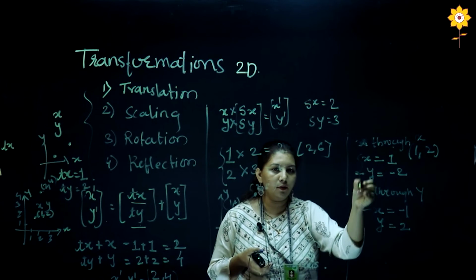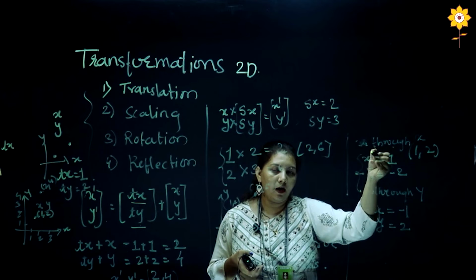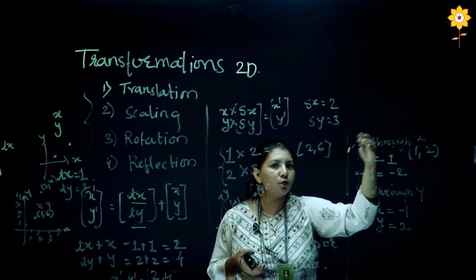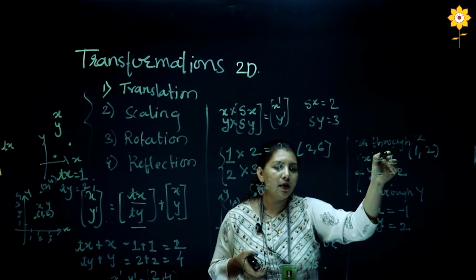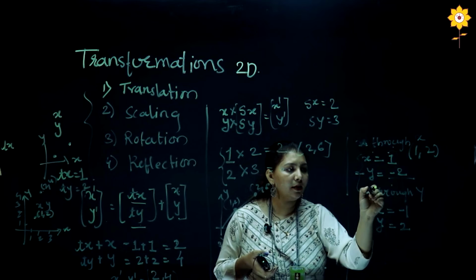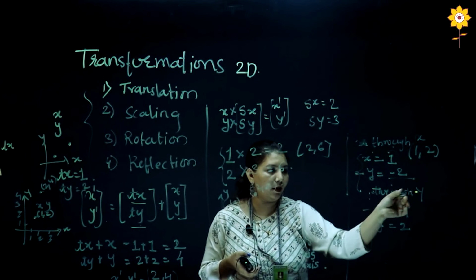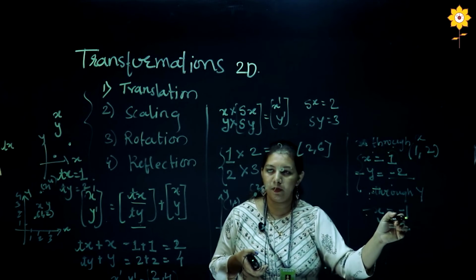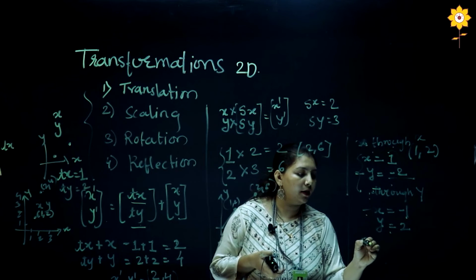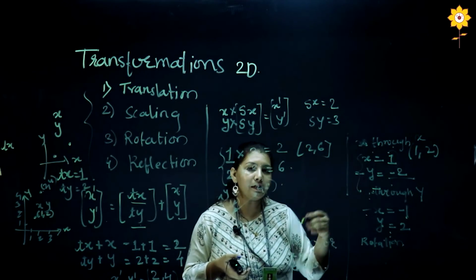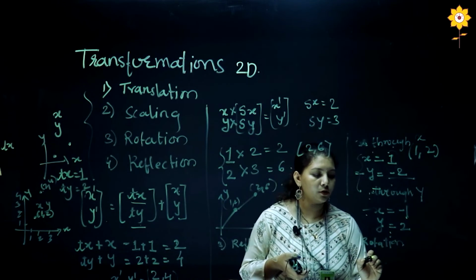So initially whatever points we have, suppose (1, 2), through x-axis our x will be as it is and y will become negative. Similarly, whenever we have to get the reflection through y-axis, y remains as it is and x will be negative.